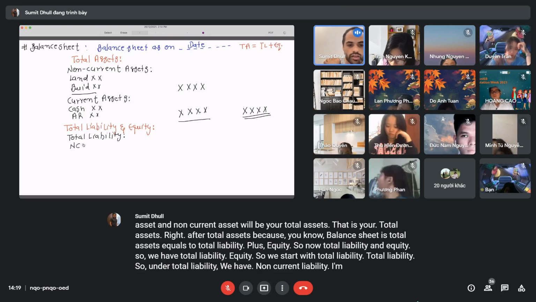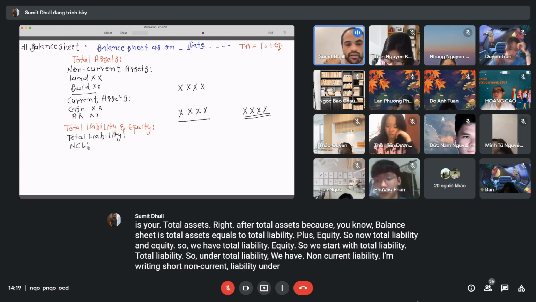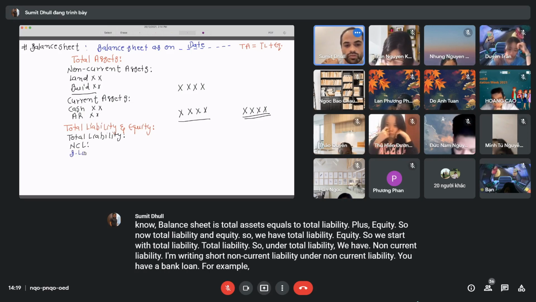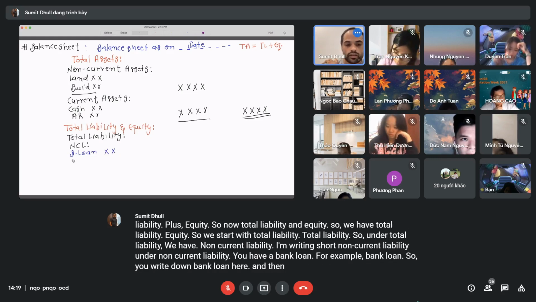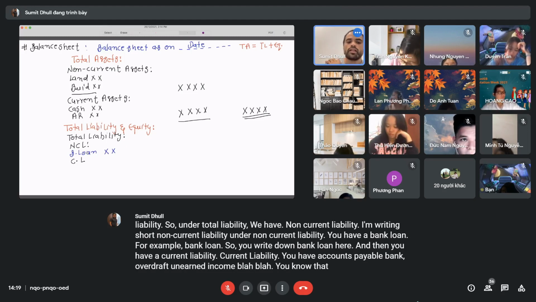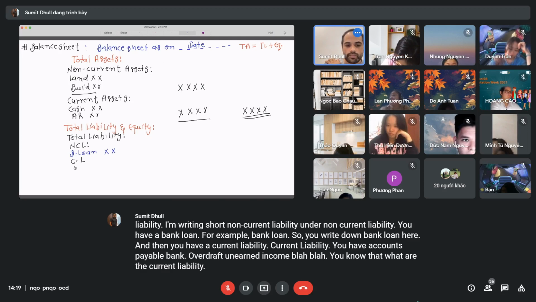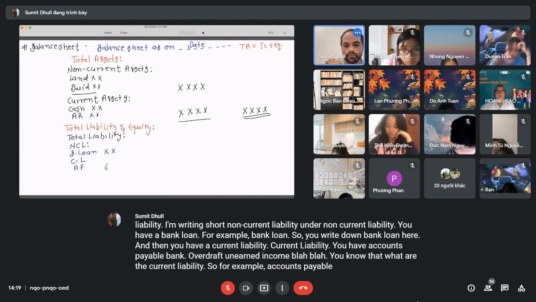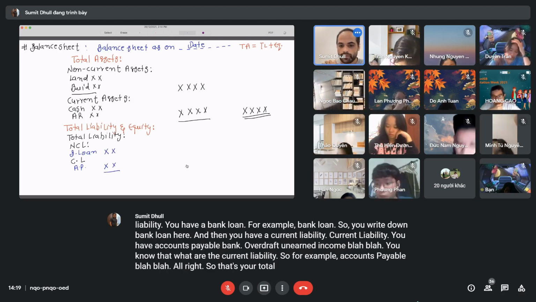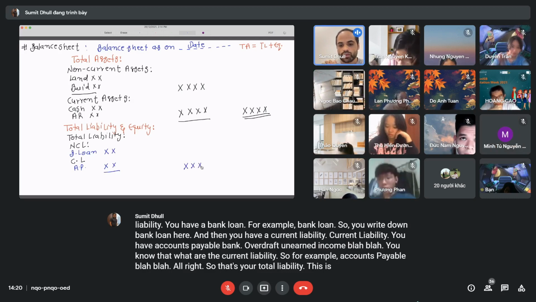I'm writing short, non-current liability. Under non-current liability, you have a bank loan, for example. So you write down bank loan here. And then you have a current liability. Current liability, you have accounts payable, bank overdraft, unearned income, and so on. You know that. What are the current liability? So for example, accounts payable. All right. So that's your total liability.